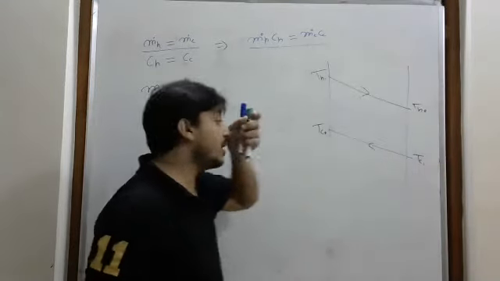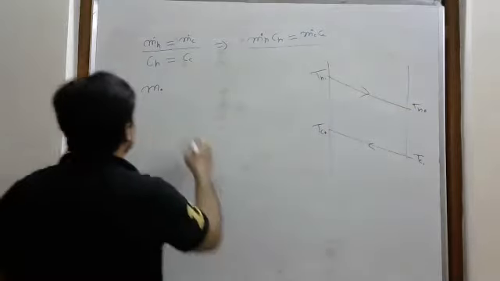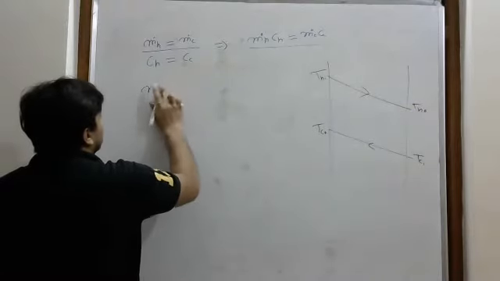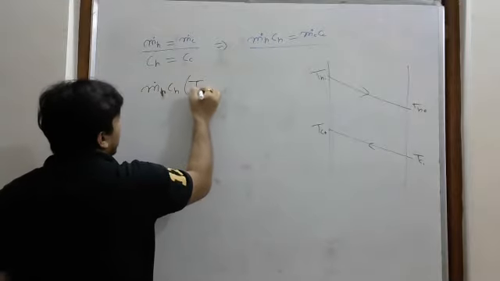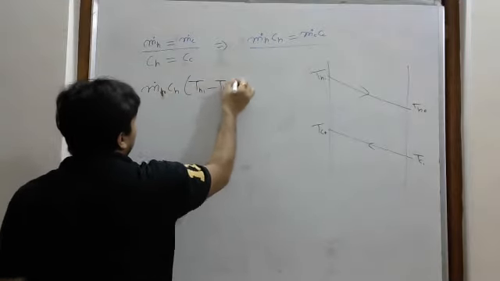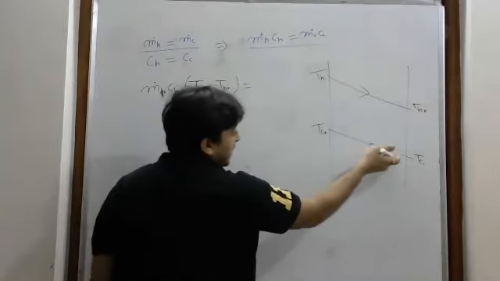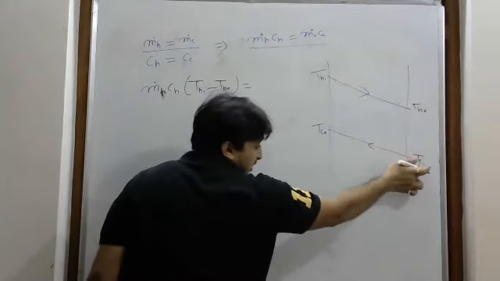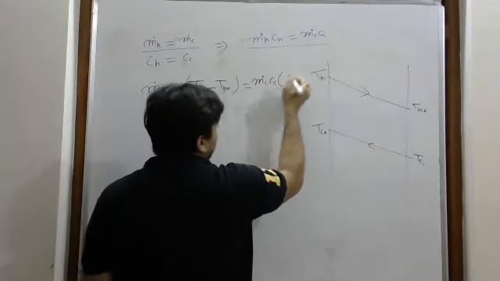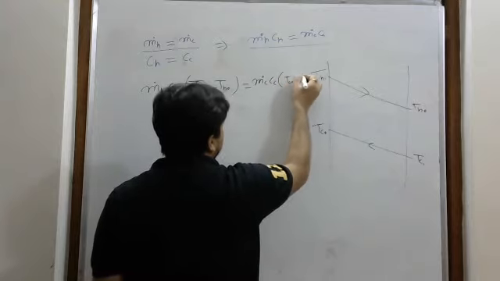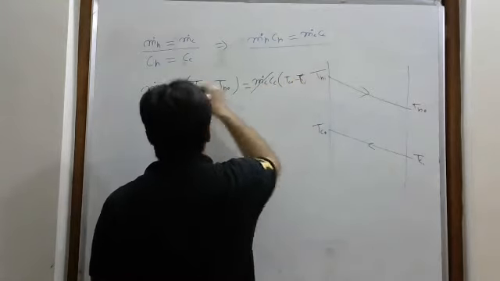So mass flow rate of hot times CH times (THI minus THO) equals heat gained by the cold fluid, from initial to final temperature: mass flow rate of cold times CC times (TCO minus TCI).